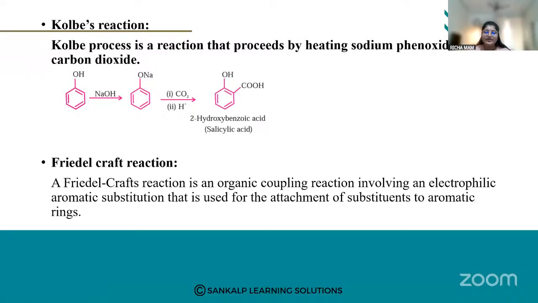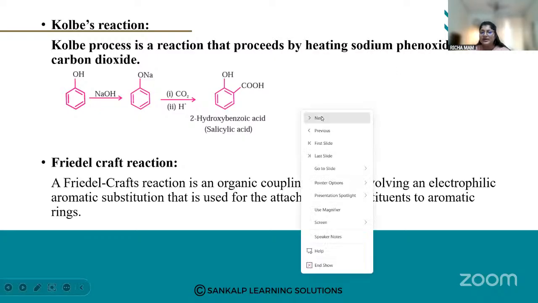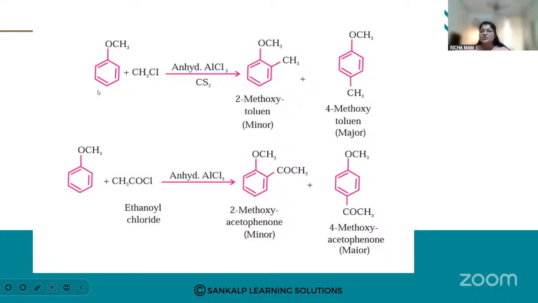Next is the Friedel-Crafts reaction, which we have seen. It is an electrophilic aromatic substitution reaction. We take anisole and react it with the alkyl chloride in the presence of anhydrous AlCl3.